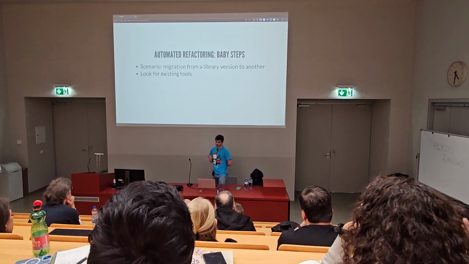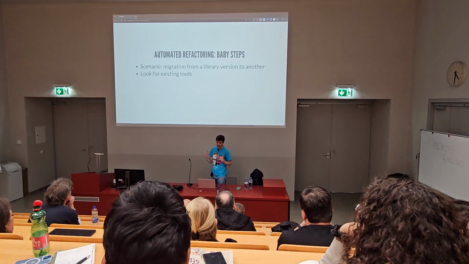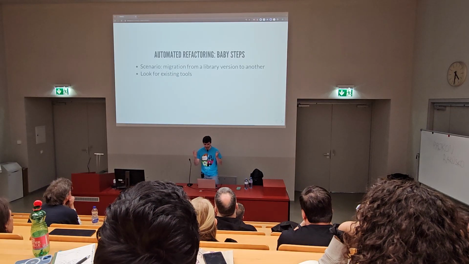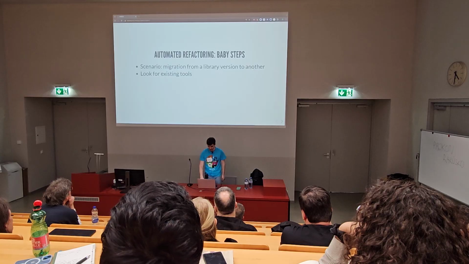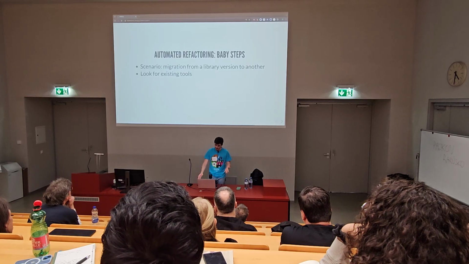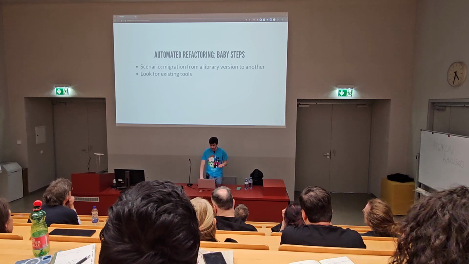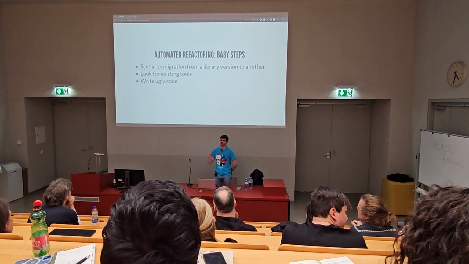First off, if you know the AST exists, you can look for tools that do it. Sometimes there are friendly developers on the internet who solve your problem. Say you're migrating SQLAlchemy version 1 to version 2, somebody did it and wrote a tool, you can just use that. Failing that, you can write your own code.